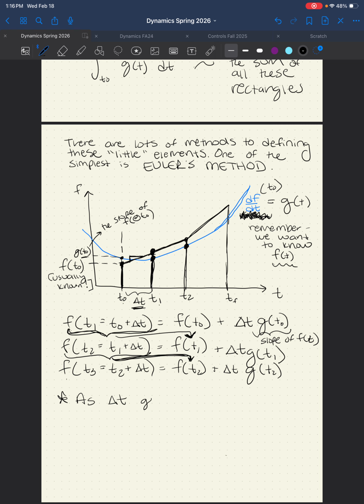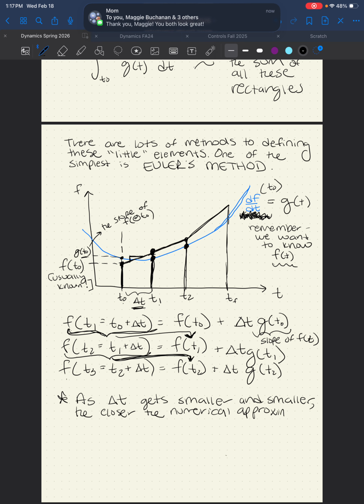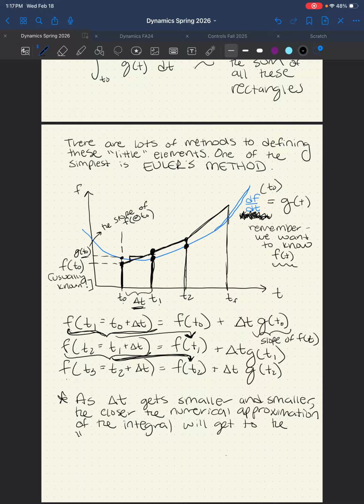As delta t gets smaller and smaller, the closer the numerical approximation of the integral will get to the true or exact analytical solution.